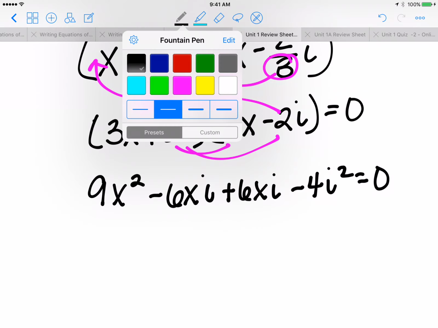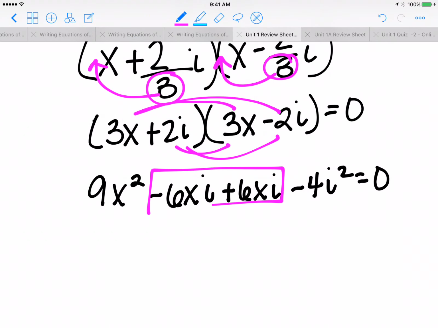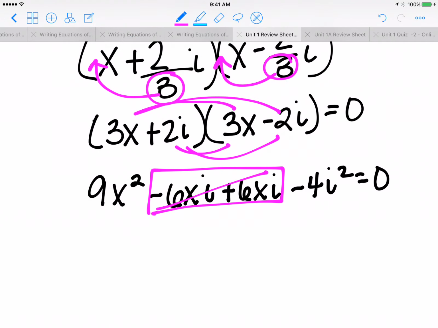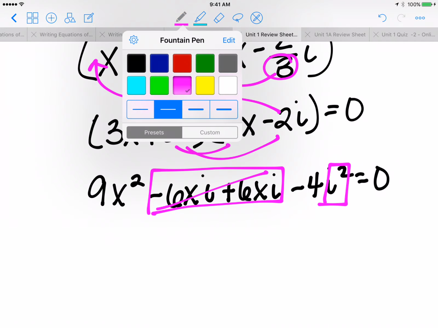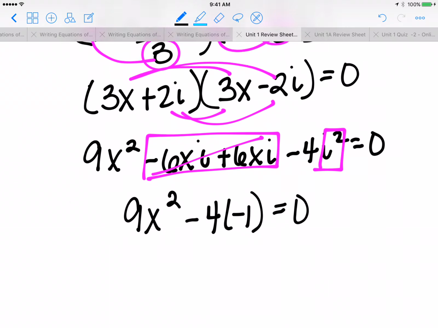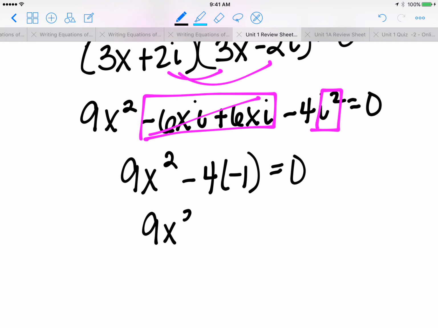Combine like terms, the middle terms right here are going to end up canceling out. And then we're going to deal with this i squared. So we get 9x squared minus 4 times negative 1 is equal to 0. So 9x squared plus 4 equals 0.